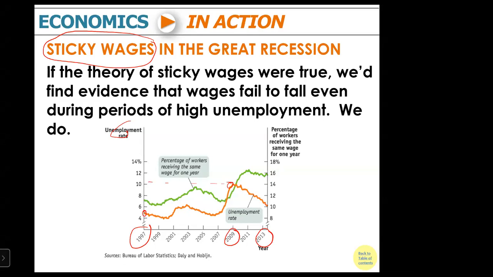Right. Now on the other hand, on the right hand side, we look at the percentage of workers receiving the same wage for 1 year. All right. So this is this line. If unemployment rate is high, and hypothetically, if wage can flexibly adjust, what does that mean?